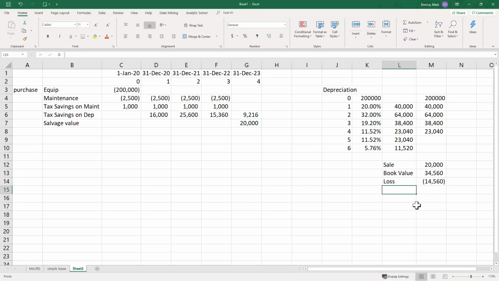So what is our tax savings? Well, we're going to get a tax refund of 0.4 times, well, I'm going to make it positive, so 0.4 times our tax loss.